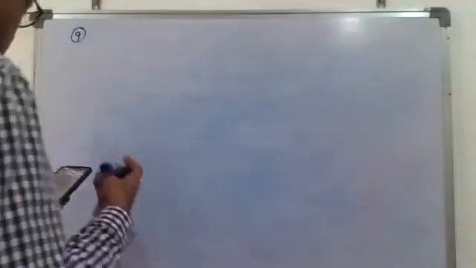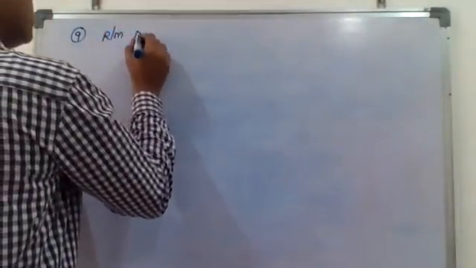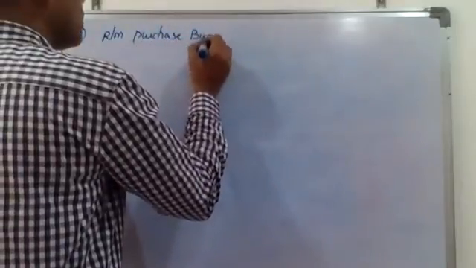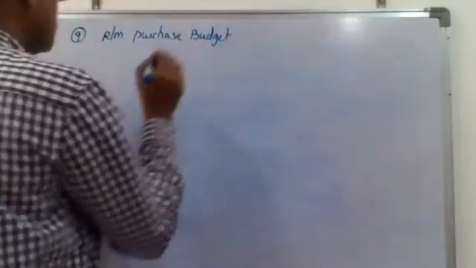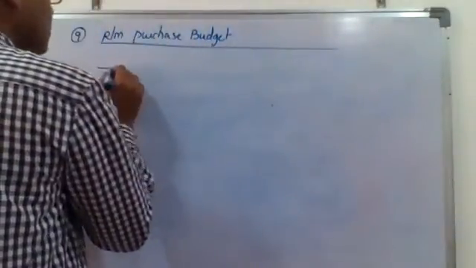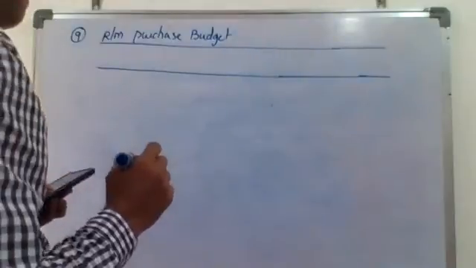So, the next one is the raw material purchase budget. What is new here is we have material on order. So, I am actually extending it.